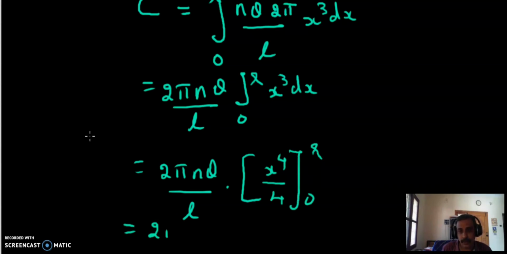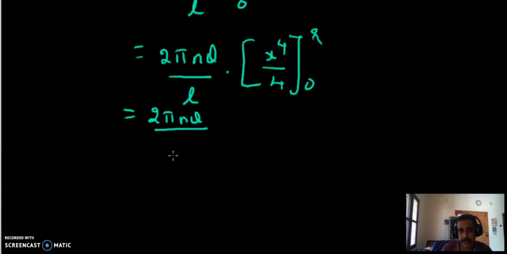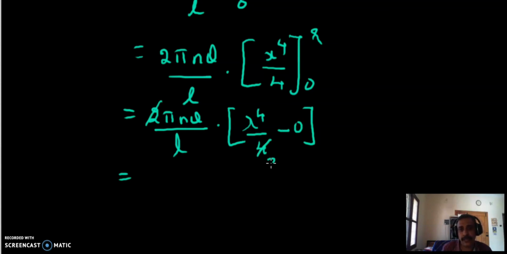That is nothing but 2π n θ divided by L into r⁴/4 minus 0. So this 4 and this 2 get cancelled. So π n θ r⁴/2L. So that is the couple.